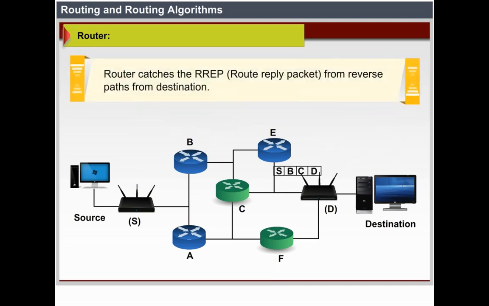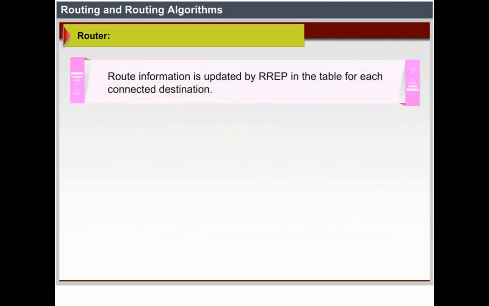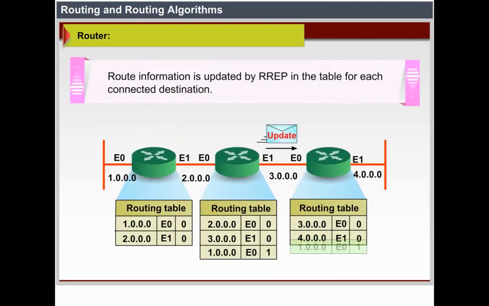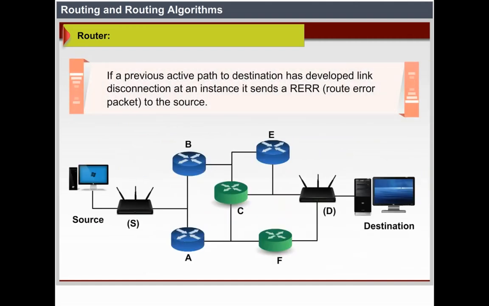Router caches the RREP, route reply packet, from reverse paths from the destination. Then it updates the route information in the table for each connected destination. It sends a RERR, route error packet, to the source when a previously active path to the destination has developed link disconnection at an instance.